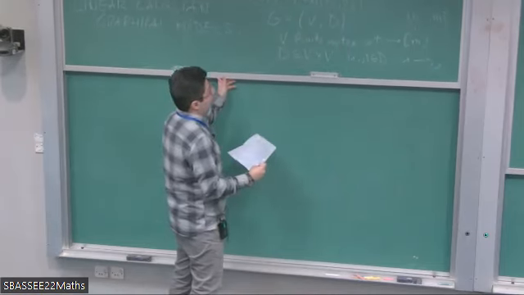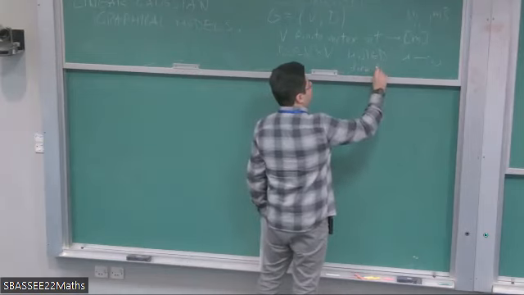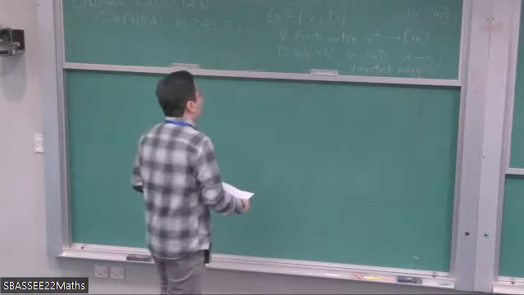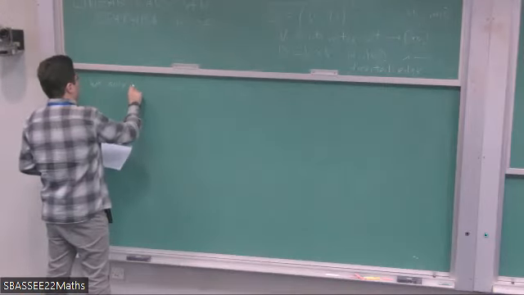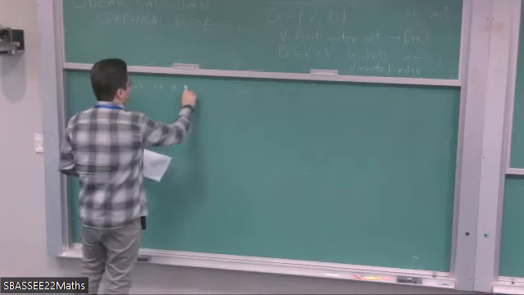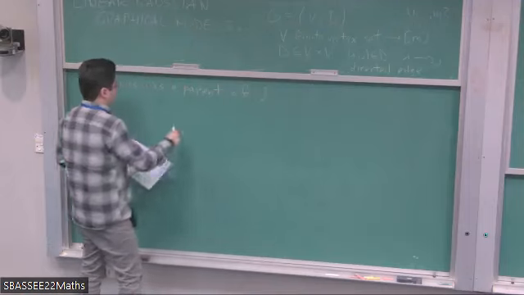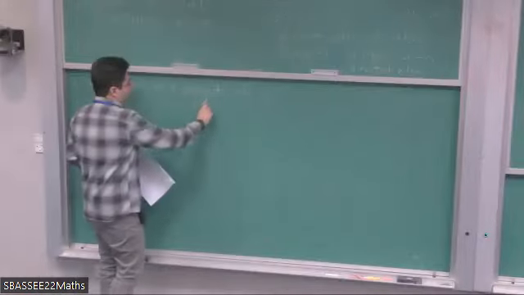Okay. And so maybe right here, directed edge. In this case, when i is pointing to j, we're going to say i is a parent of j, and j is a child of i.